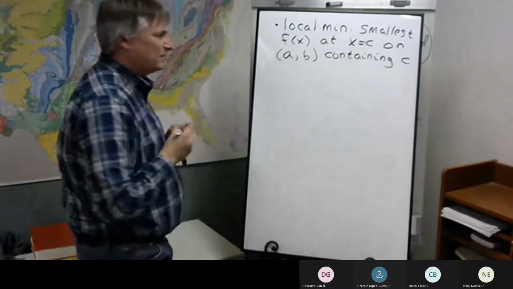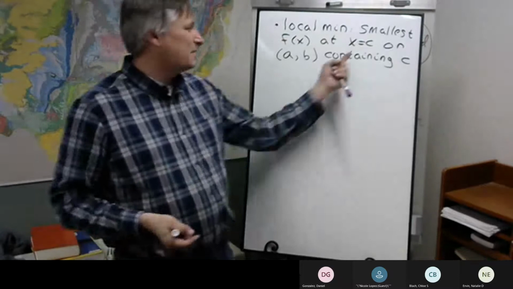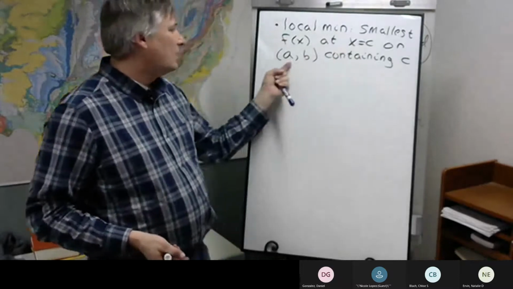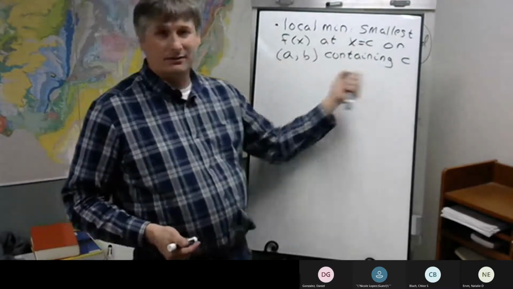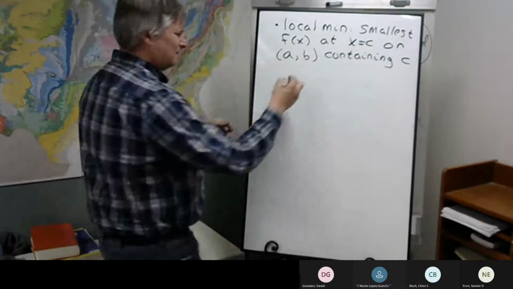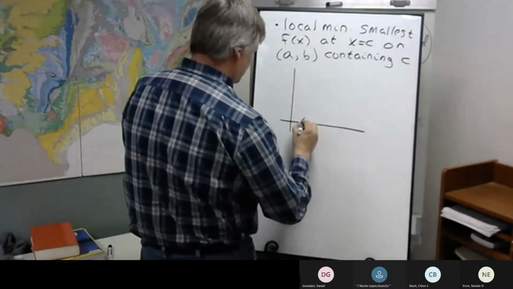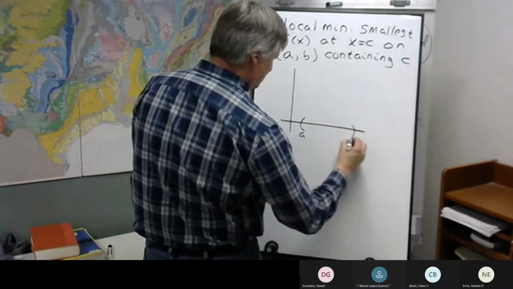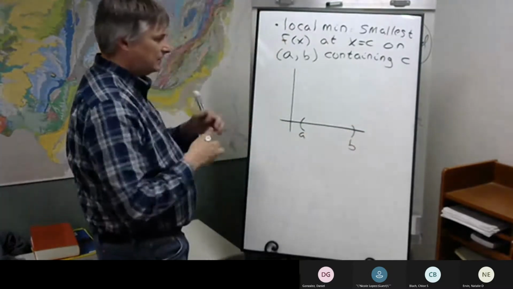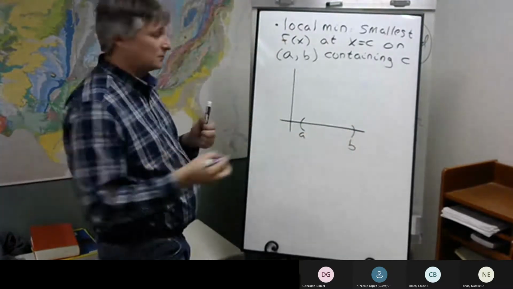So local minimum, again, smallest f of x at some x equals c on an open interval that contains c. So again, it's going to look very similar to our closed interval.